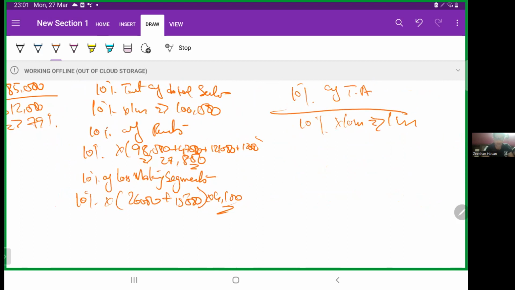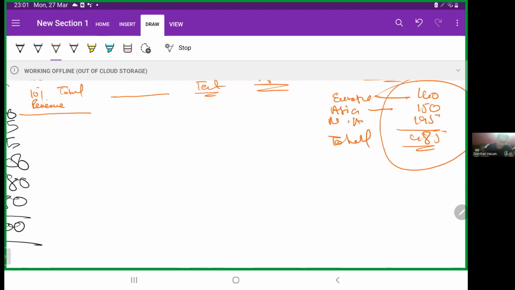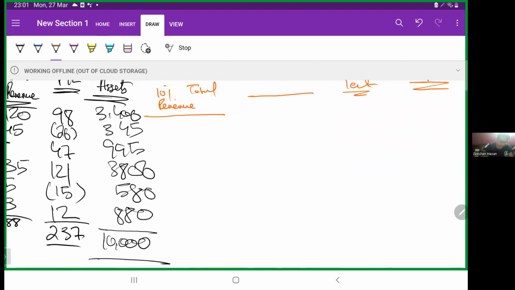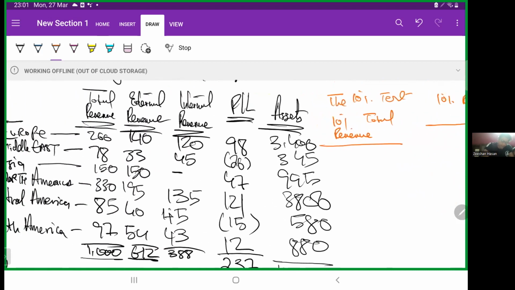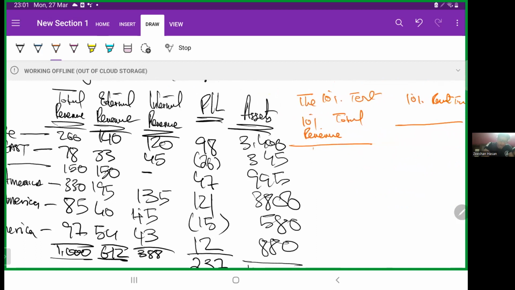Now let us move back and finish our reporting. In case of the 10% total revenue test, Europe, yes, it's reportable. Middle East, no, it's not reportable. Asia, yes. North America, yes.